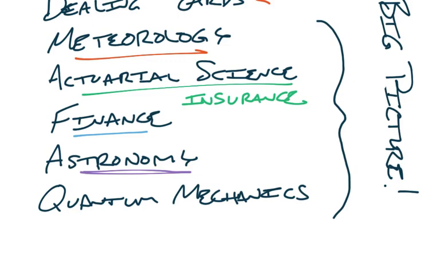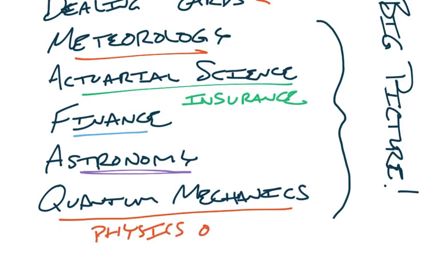And far and away, the most abstract of all of these that I've listed is quantum mechanics. This is the physics of the subatomic. This is like understanding how electrons and protons and neutrons exist in our universe.